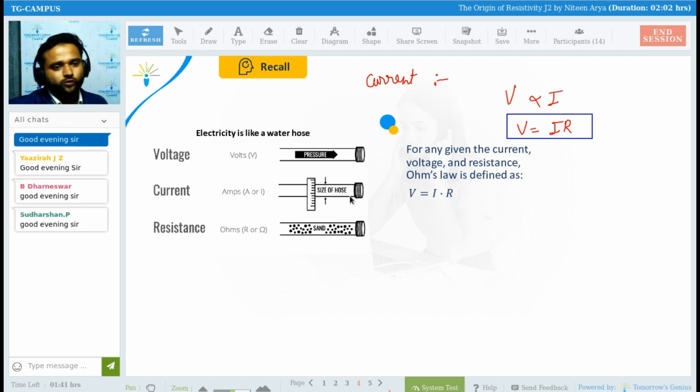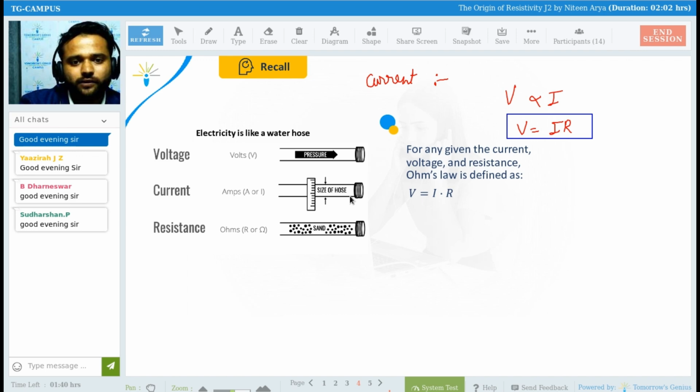Is this clear, everyone? So we can make an analogy like this also. The resistance is nothing but the opposition given by the particular material, the conductor, the semiconductor, any particular medium, whenever there is a flow of electrons. For example, like this. Clear everyone?